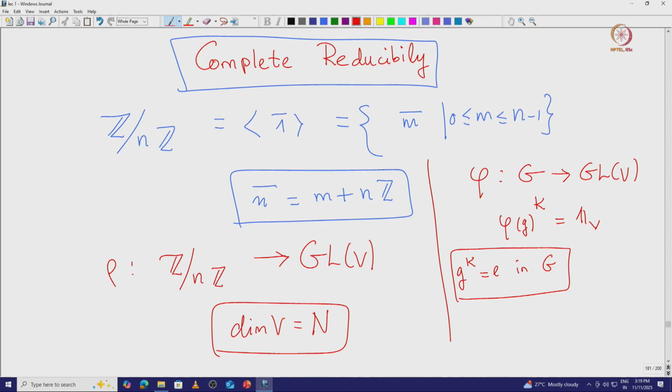So the same relation must be satisfied by the image phi of g, so we must have phi of g power k equal to identity inside GL(V).